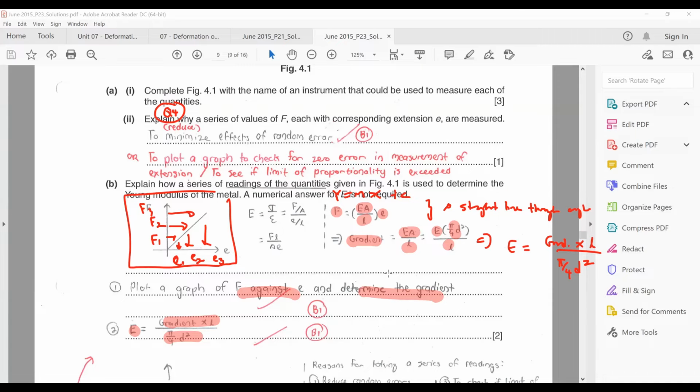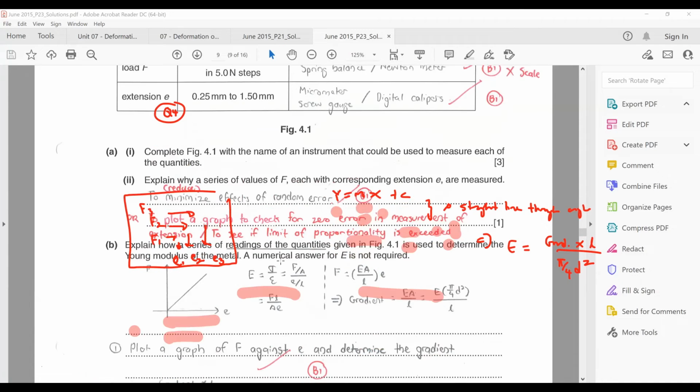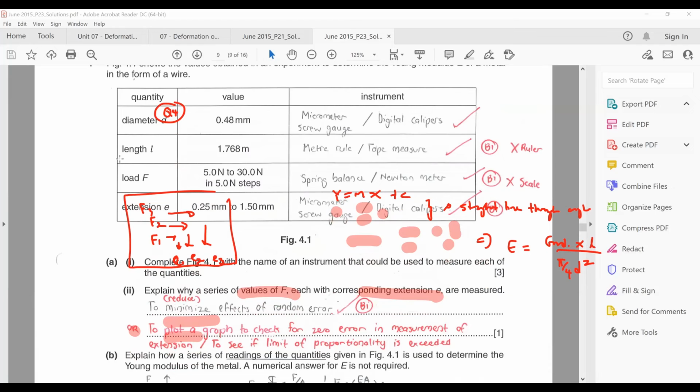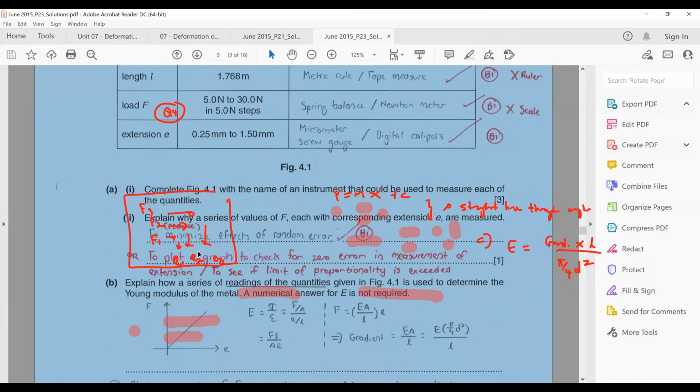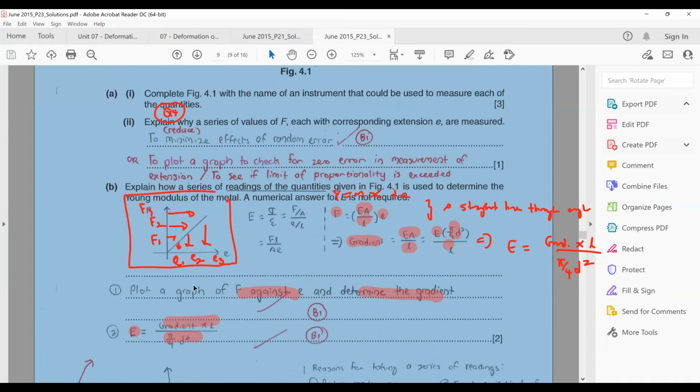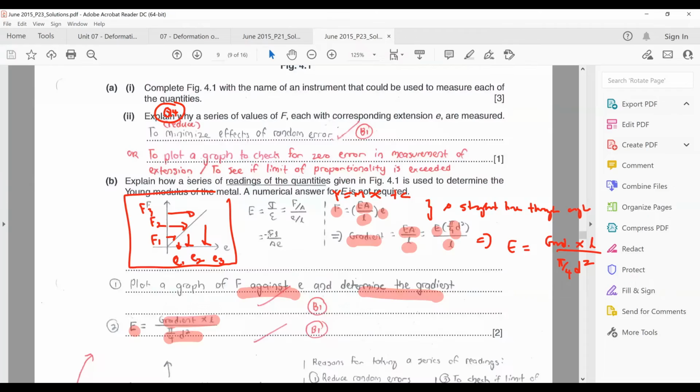Okay. So the quantities that you have are actually this. Find out D, find out L, find out F, find out E. Why do you need to make a few different measurements to find Young's modulus? Sorry, they ask you to explain how a series of the readings, why a few different measurements can be used to find the Young's modulus of steel.